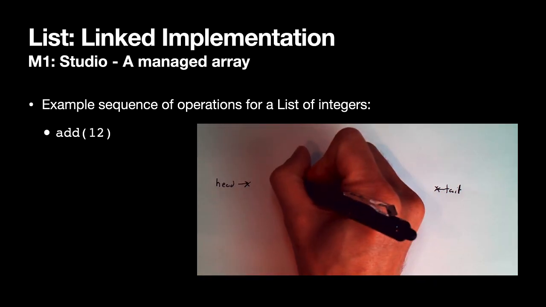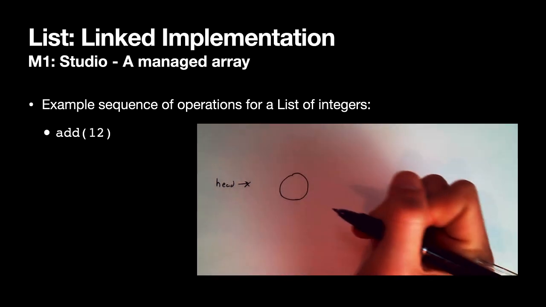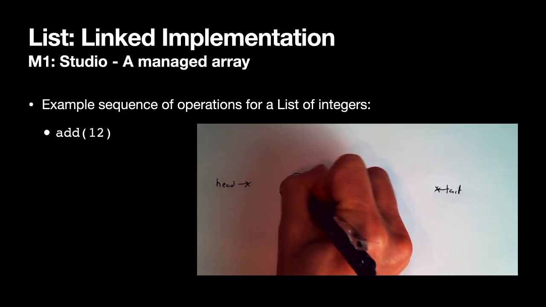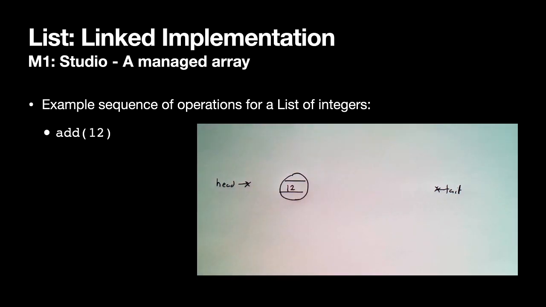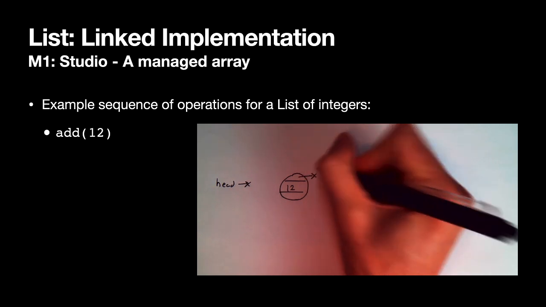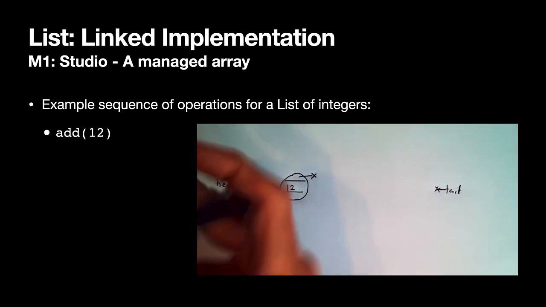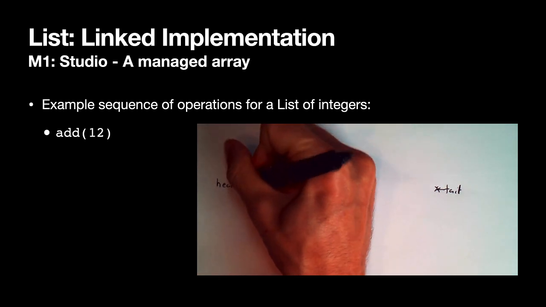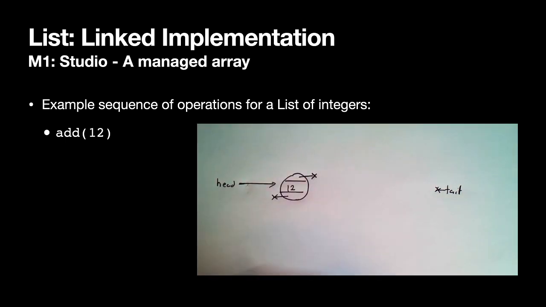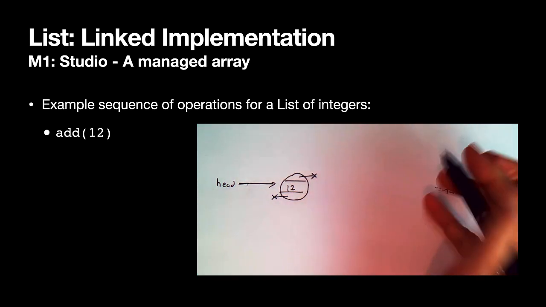We'll have to create a node that contains the number 12. Since there's nothing in our list yet, its next and its previous are both empty. We will update the reference to the head of our list and also the reference to the tail of our list, so they now both refer to the single node.